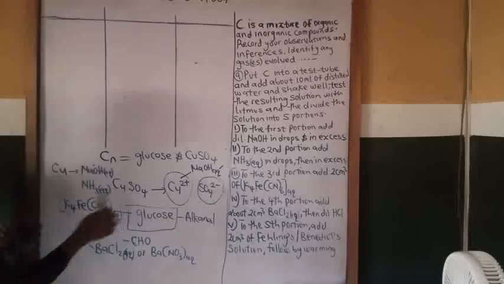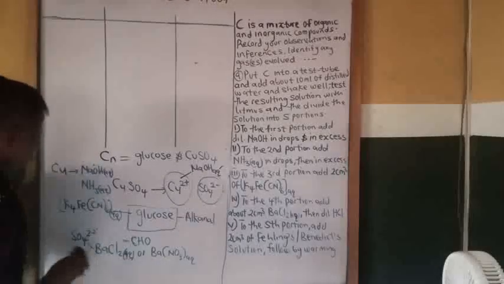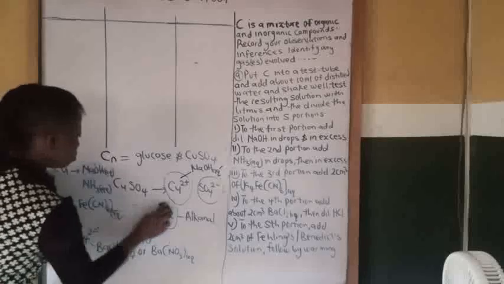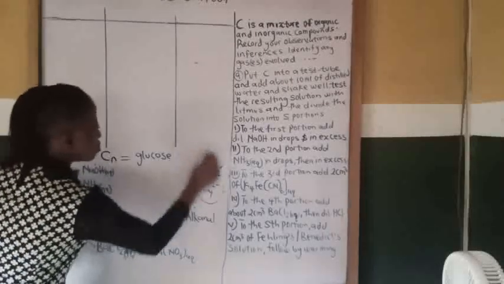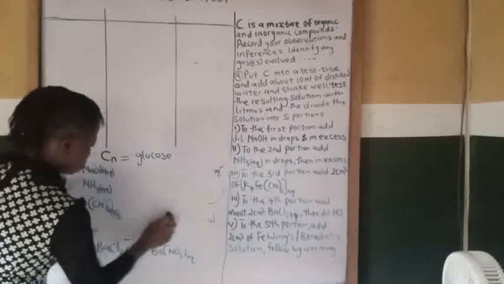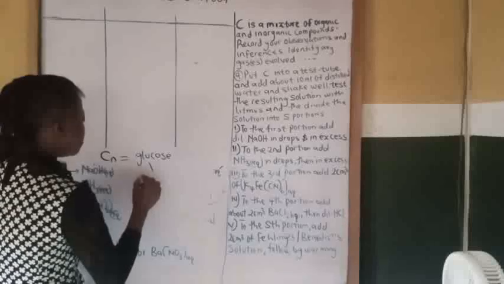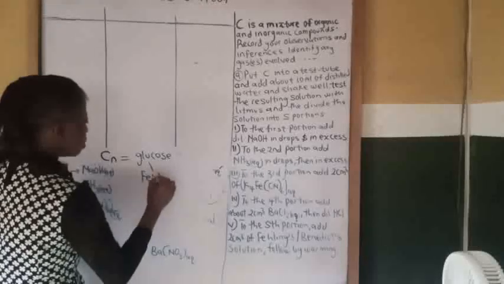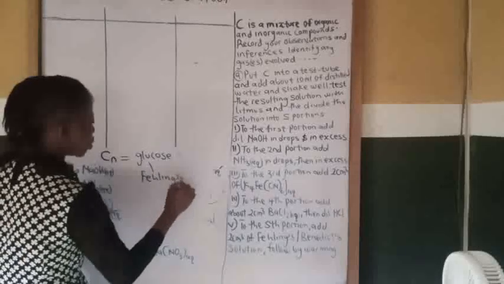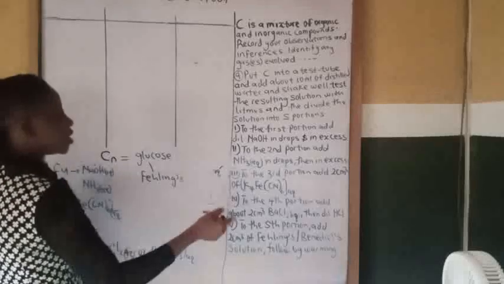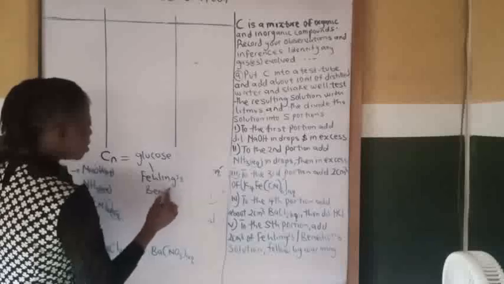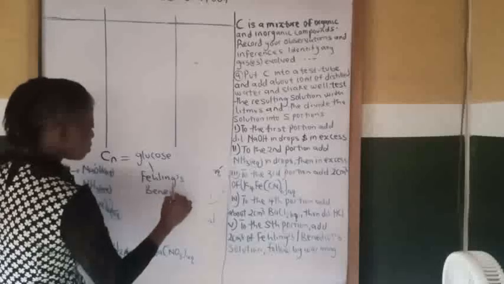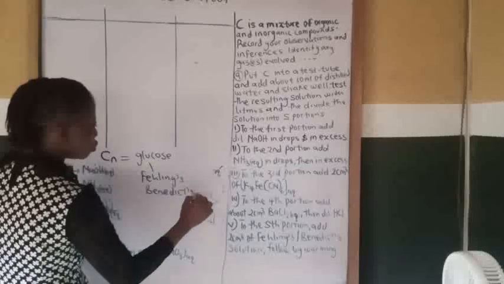So for glucose, we are going to use Fehling's solution. Fehling's solution means Fehling's solution A and B. Then we can also use Benedict's solution.